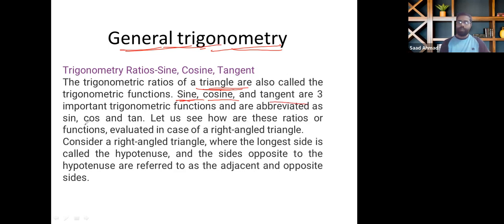Let us see how these ratios are evaluated in the case of a right triangle. Consider the right triangle where the longest side is called the hypotenuse, and the other sides are opposite and adjacent, right? When we talk about sine, cos, tan, we usually talk about right angles.